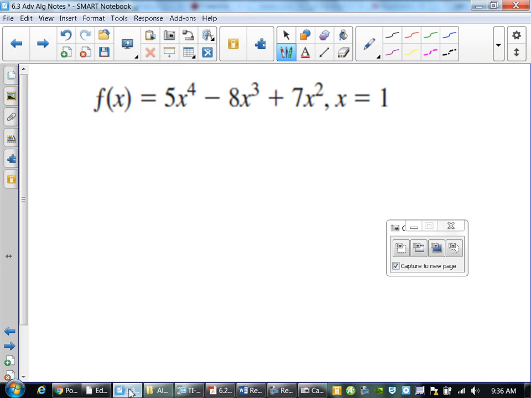It's a 4th degree polynomial, which means how many terms should I have? 5 terms, which means I have to find 2 placeholders. Are the first 3 terms in descending order? Is anything missing? I need an x and a constant. So I pull out my coefficients: 5, -8, 7, 0, and 0.